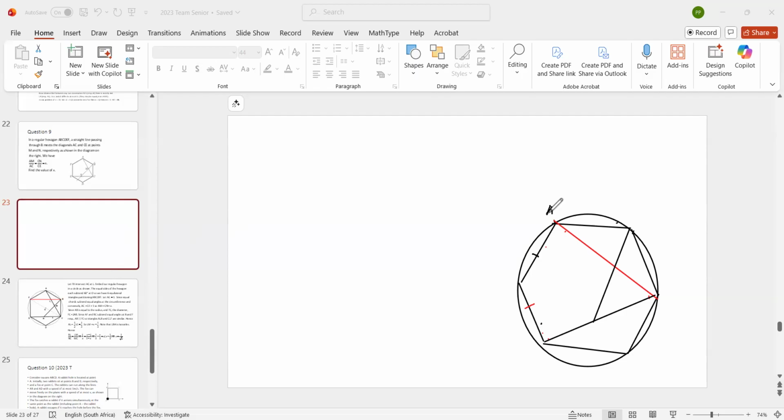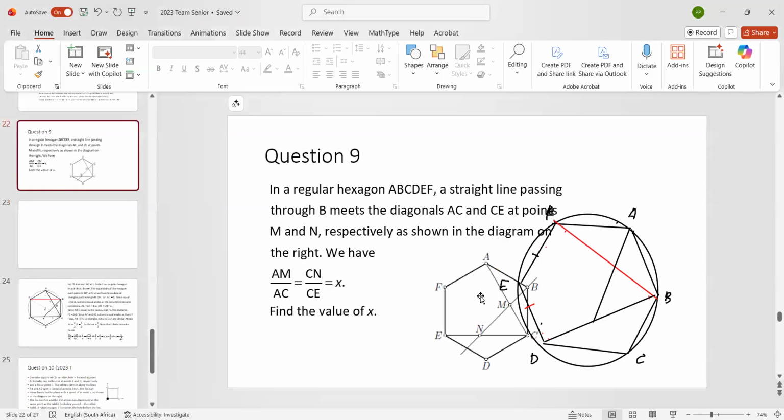The question had A, this is A, B, C, D, E, F. Let's see.